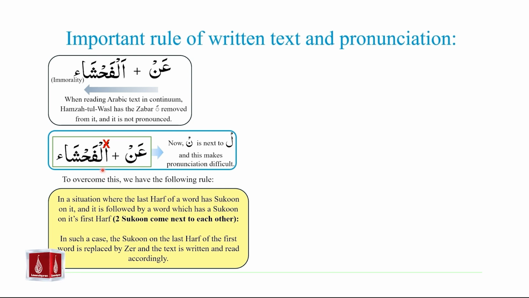For example, an is followed by al-fahsha, where the first harf is Laam tarif and that also has sukoon on it, meaning when we have a situation where two sukoon come next to each other, in such a case, the sukoon on the last harf of the first word, which is an in this case, is replaced by zair, and then the text is written and read accordingly.